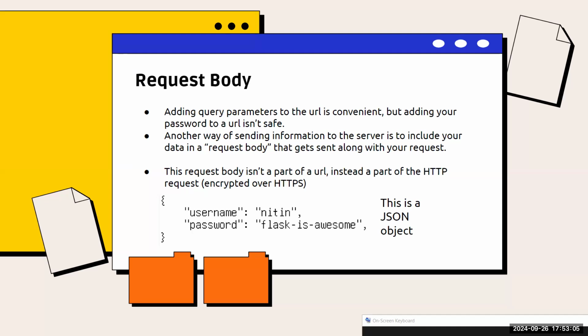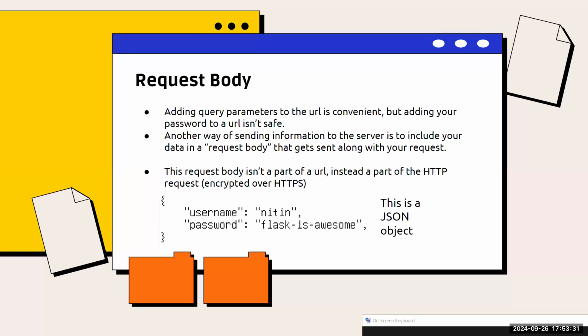So you have something called a request body. When we previously saw the different parts of an API HTTP request, we saw that one part was a body that had a couple of terms with the name and the value, and this is basically what the request body is. It's invisible to the actual URL.